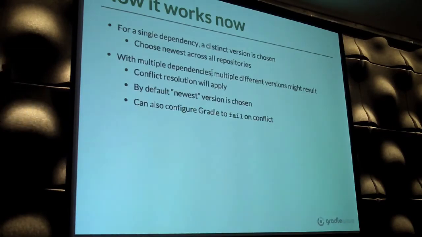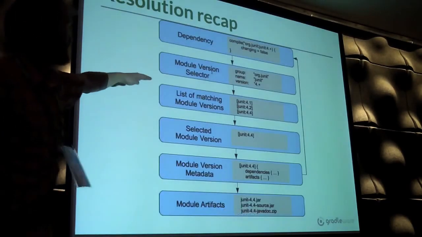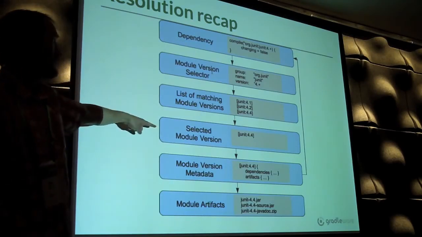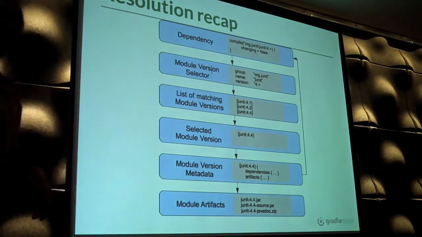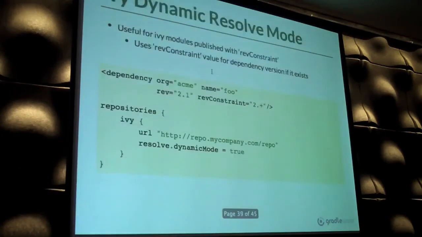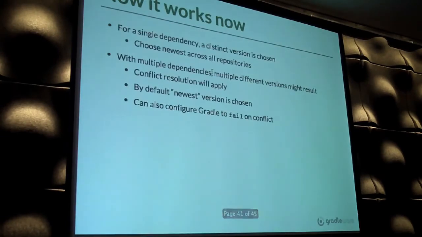It's the same algorithm that's used to select the newest for a list of modules. These are two separate steps. There's a step where we've got a list of matching versions and we're selecting a module version from that. That's resolving a single dependency. What I'm talking about now is once you've resolved two single dependencies and they come up with different modules, we then have to choose between those two, so we do conflict resolution at this point.